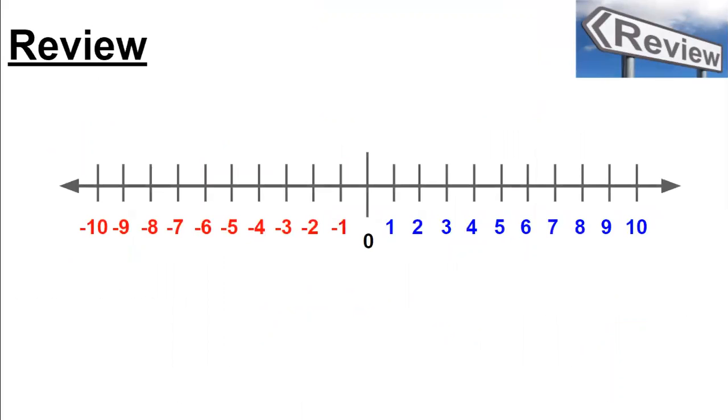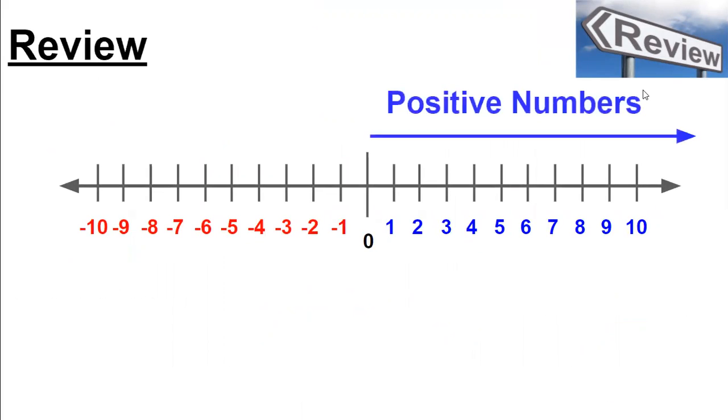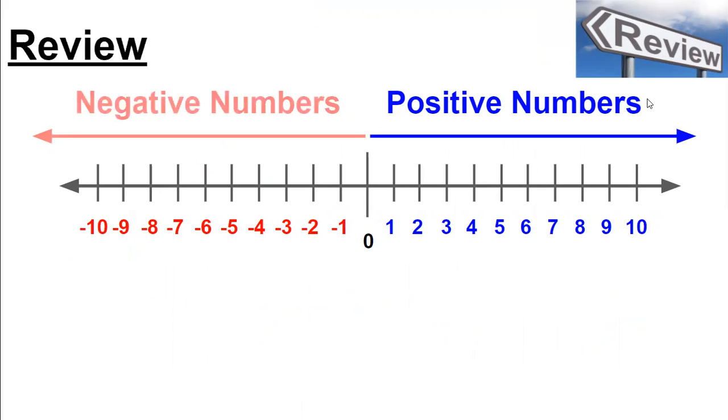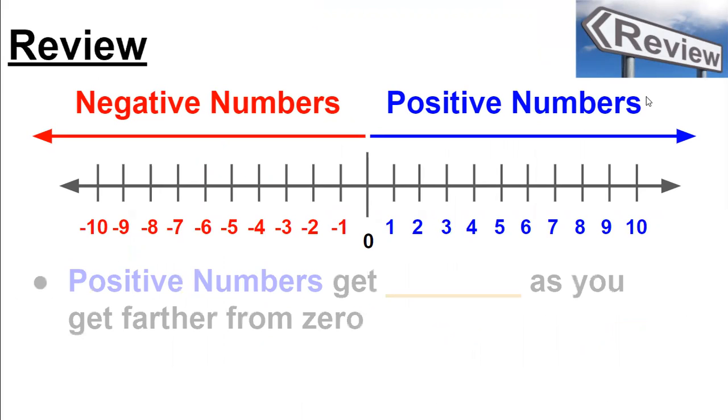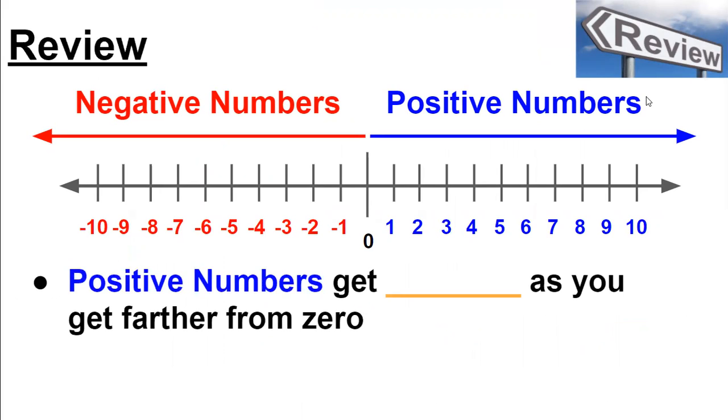Moving on, more review. Here's a number line for us. Positive numbers go to the right. Negative numbers go to the left. 0 is neutral. Positive numbers get blank as you get farther from 0.